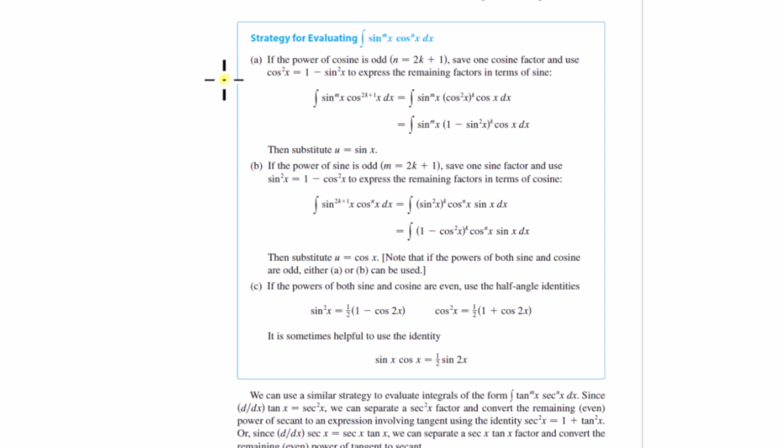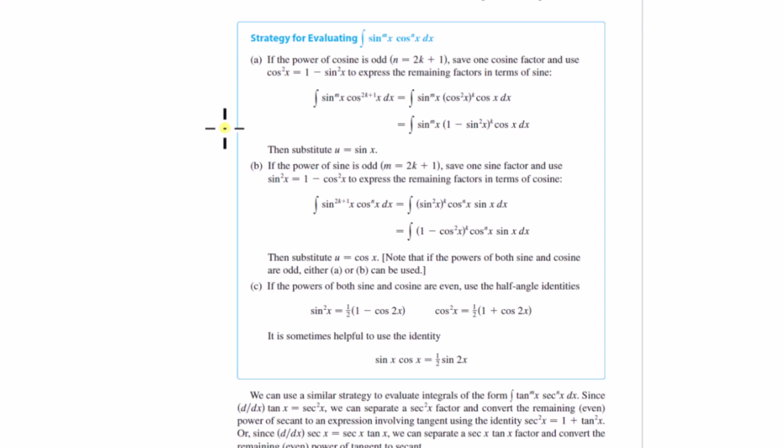If you have just a power of sine or just a power of cosine, we can solve all of those cases. If it's an odd power of sine or cosine, you take out one of those factors and use sine squared x plus cosine squared x equals 1 to convert the remaining function into cosine or sine, and then use the u substitution. If it's an even power of sine or cosine, we use that double angle formula.